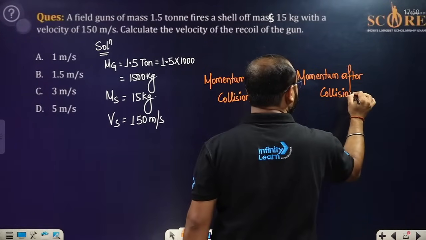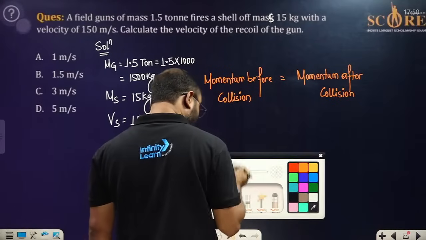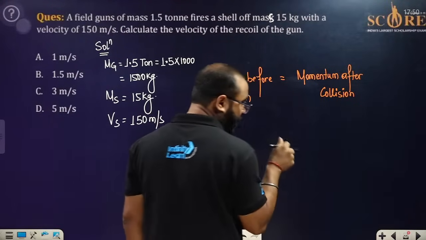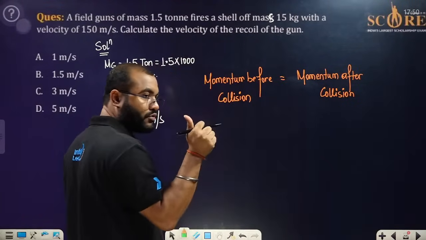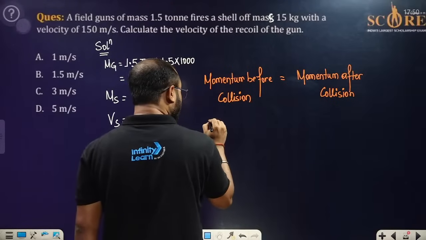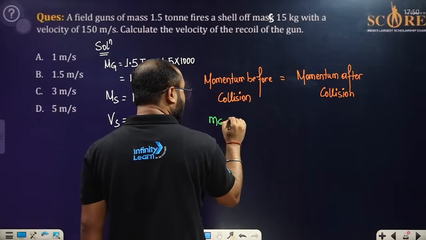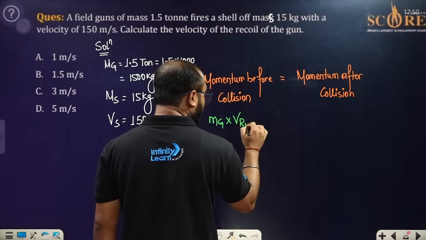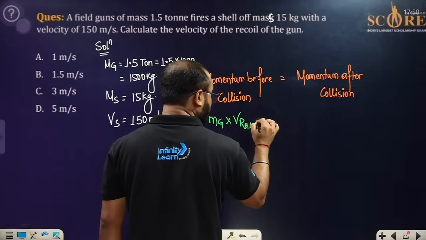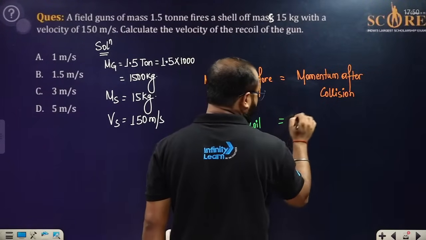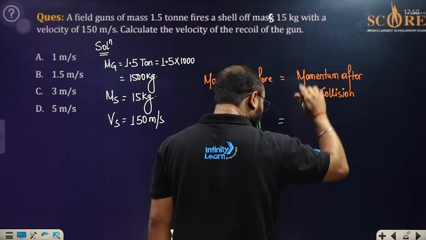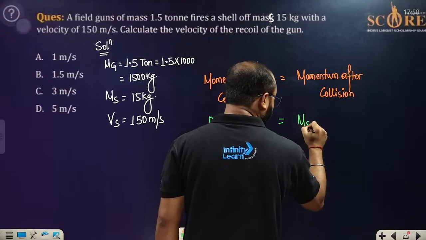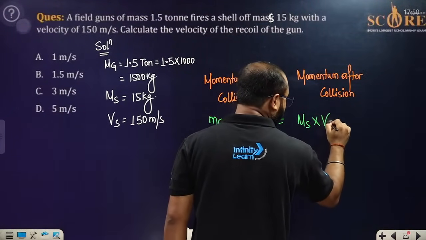Before the collision, when the fire was done, the gun moved backwards. So that is the recoil. So the mass of the gun multiplied by the velocity of the gun, which is called the recoil, will be equal to the momentum after the collision. So the bullet was moving, so the mass of the shell multiplied by the velocity of the shell.